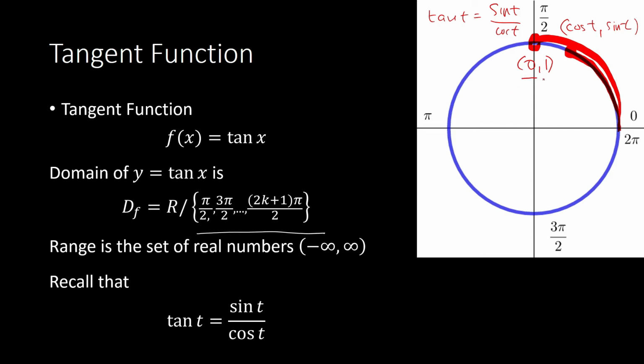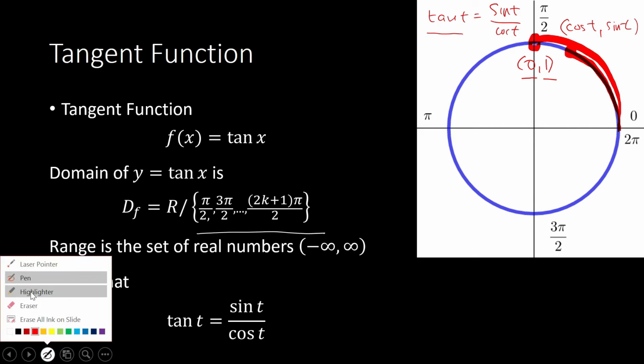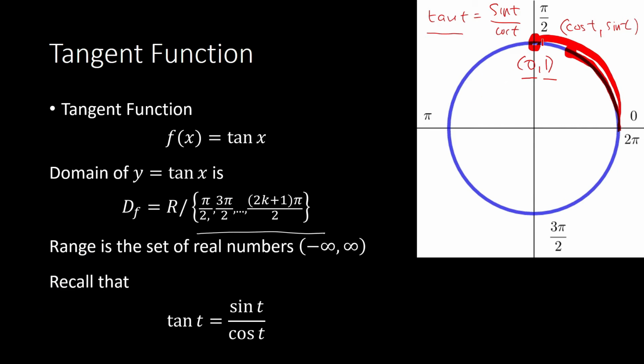Sine of pi over 2 is 1. So that means tangent of t is 1 over 0. So that means tangent of t is undefined when t is pi over 2. And the same reasoning goes when t is equal to 3 pi over 2.